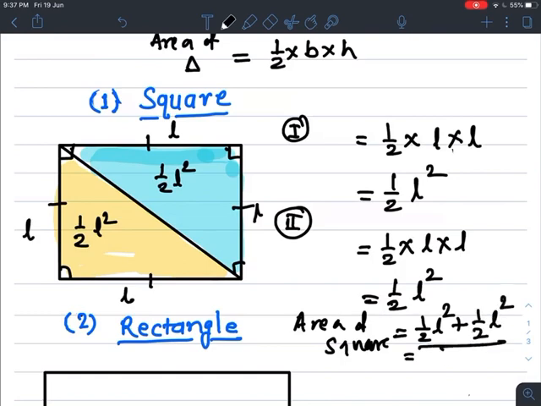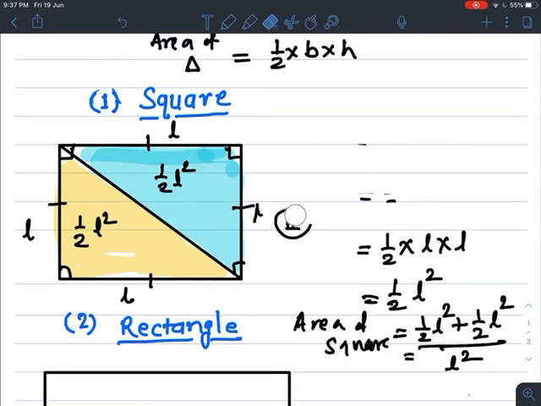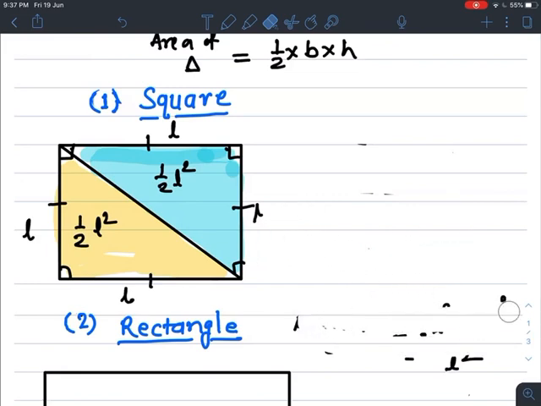So, it is equal to full L square, meaning 1 L square. Thus we can write the area of square is equal to L square. In this way, we get the first formula by using the area of a triangle.